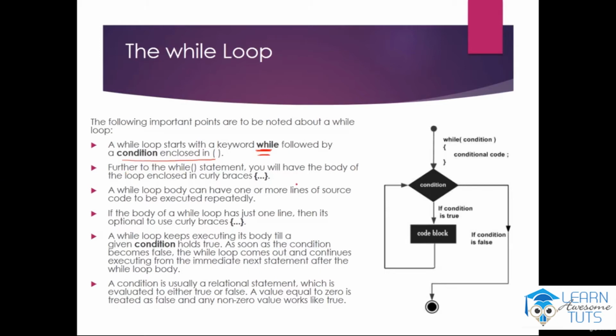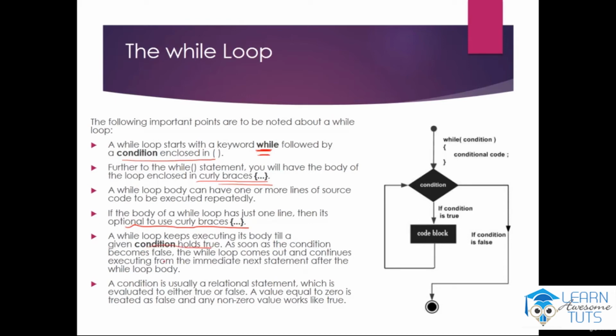Further to the while statement, you will have the body of the loop enclosed in curly braces. A while loop can have one or more lines of source code to be executed repeatedly, the same as the if statement. If the body of a while loop has just one line, then it's optional to use curly braces, like if statements. A while loop keeps executing its body till a given condition holds true.